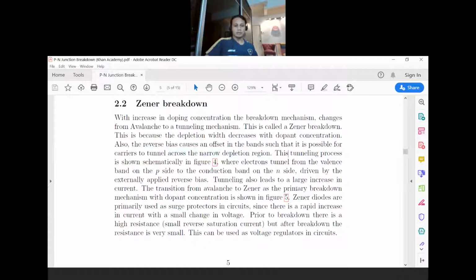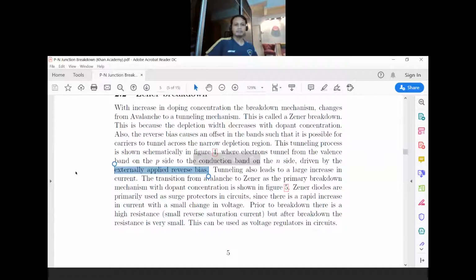So let's look a little bit at tunneling. This tunneling process is shown in figure 4 just now, where electrons tunnel from the valence band on the p side to the conduction band on the n side, driven by the externally applied reverse bias, the negative voltage that we're talking about, right? Besides, the tunneling also leads to a large increase in the current.